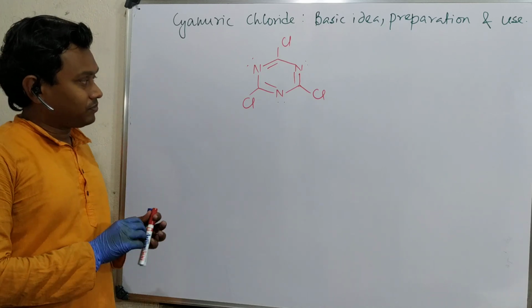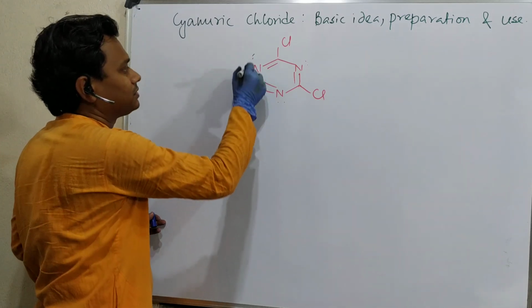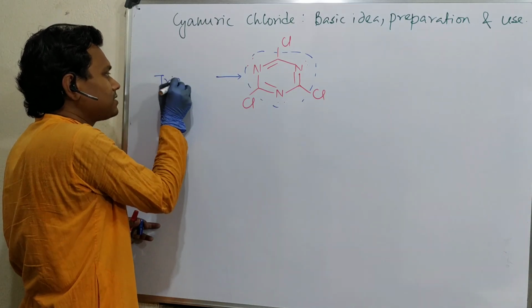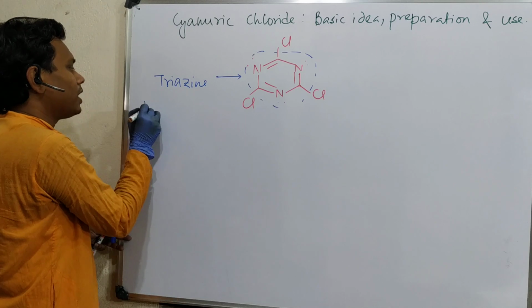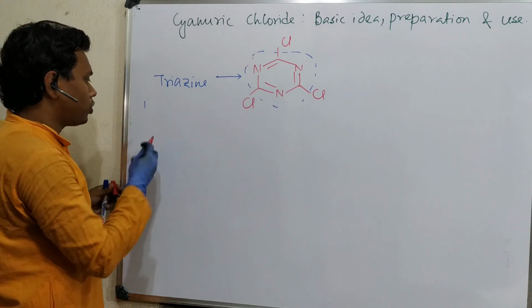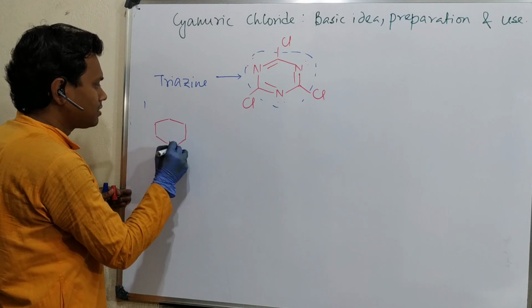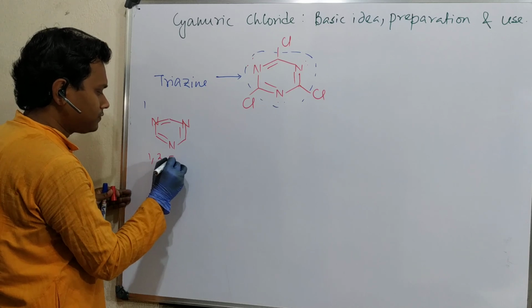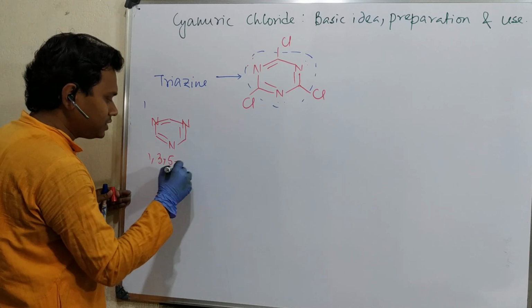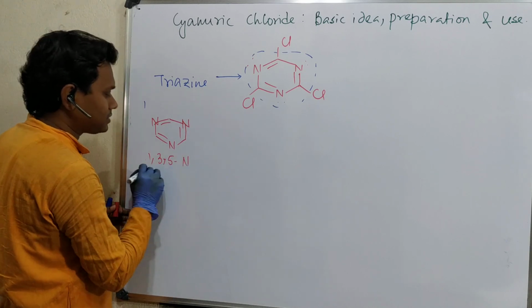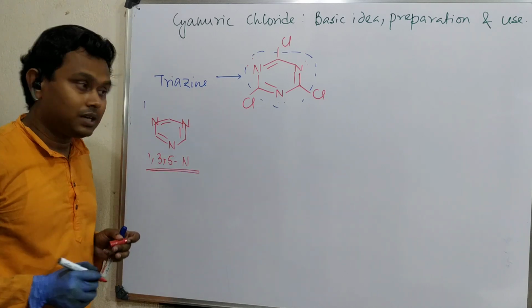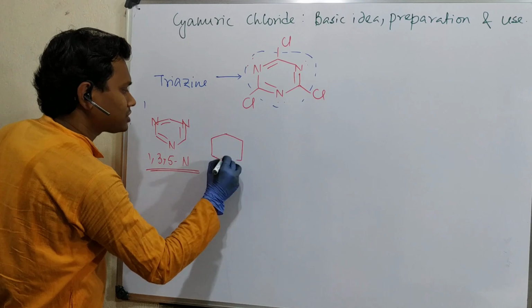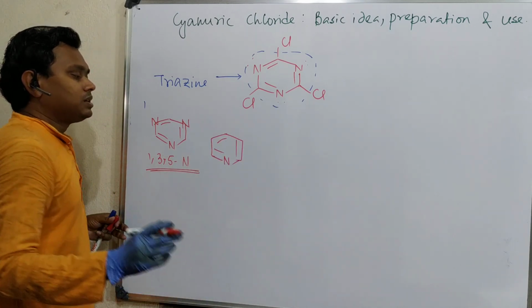Okay, the first interesting point is that this ring is known as triazine. This is the triazine ring, meaning 1,3,5, like benzene with three nitrogens in the benzene nucleus. You can say it is a tripyridine type derivative, because if you compare it with the structure of pyridine, it will help you remember.